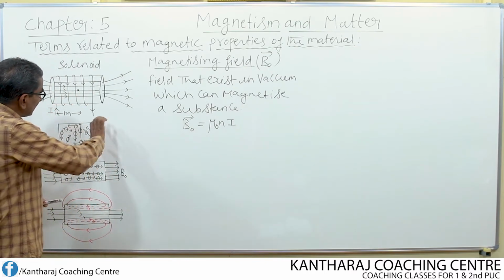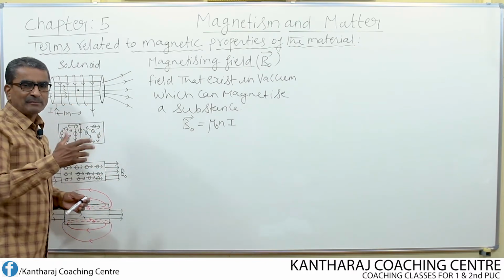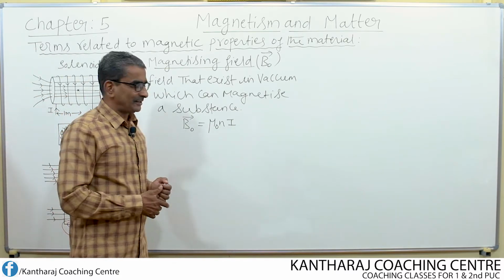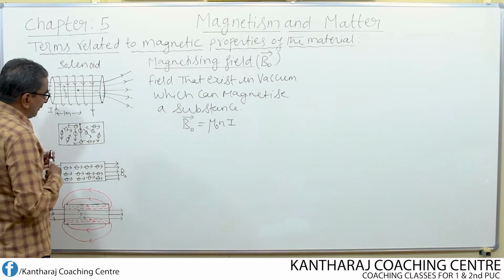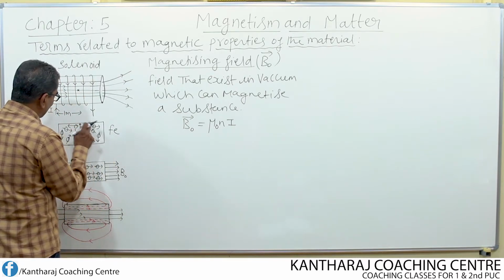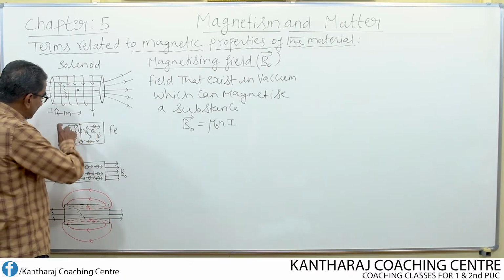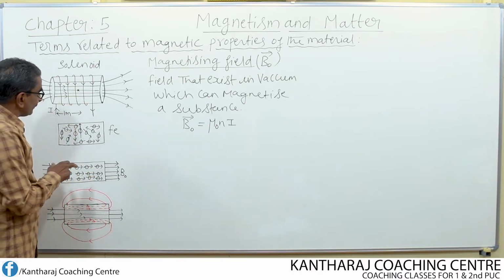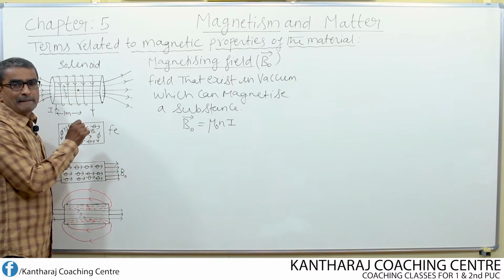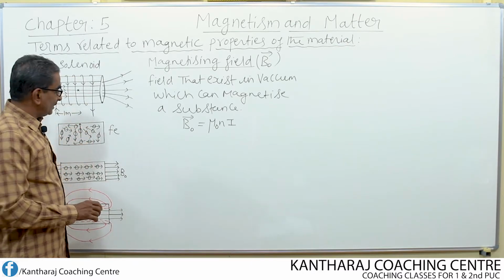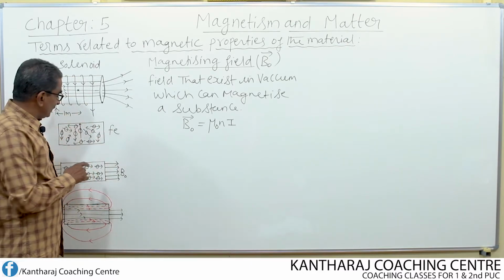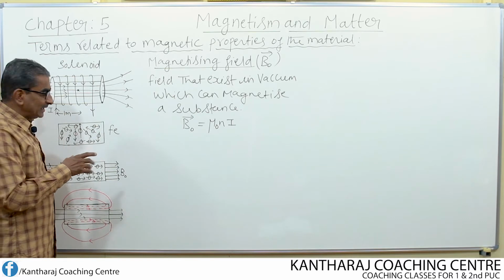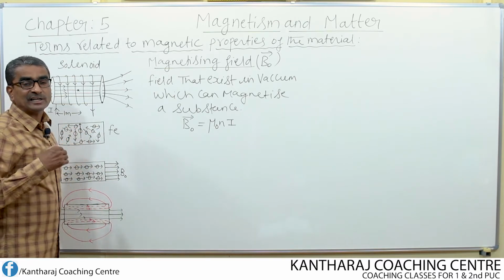Now consider any magnetic material, meaning a material which can be magnetized or converted into a magnet. For example, consider an iron bar. In this iron bar, each atom acts as a tiny magnetic dipole with some magnetic dipole moment, but these dipoles are arranged randomly.